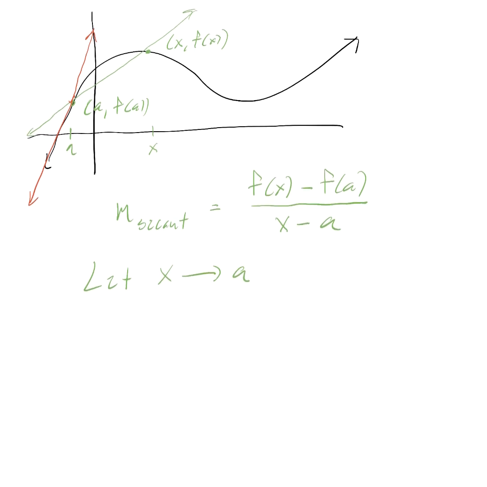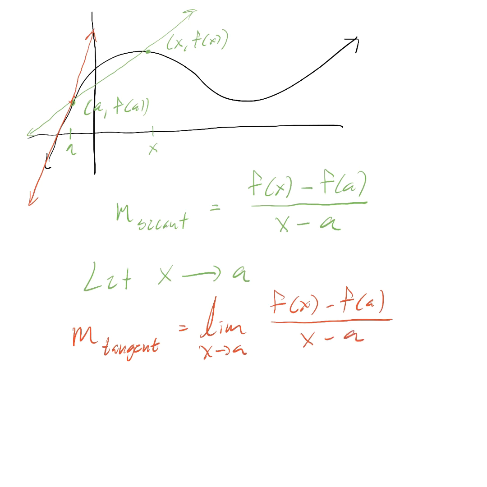And that would get us then to the slope of the tangent line as the limit as x approaches a of f of x minus f of a divided by x minus a. Okay, so there's a generalization for finding the slope of a tangent line. It's the limit as x approaches a of f of x minus f of a, and that is the slope of the tangent at the point a, f of a.